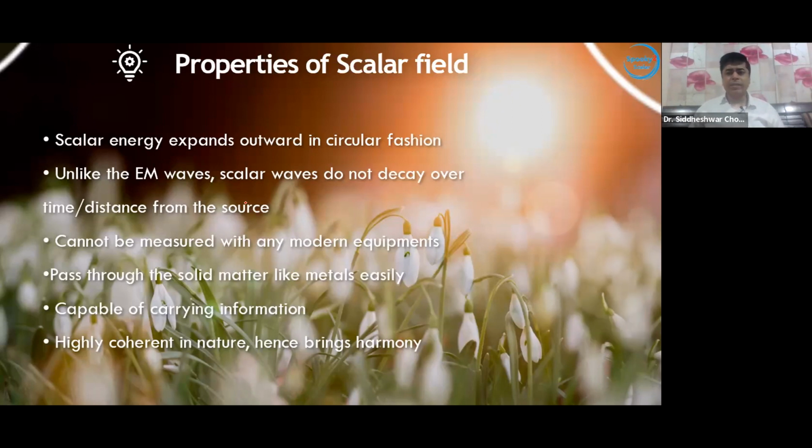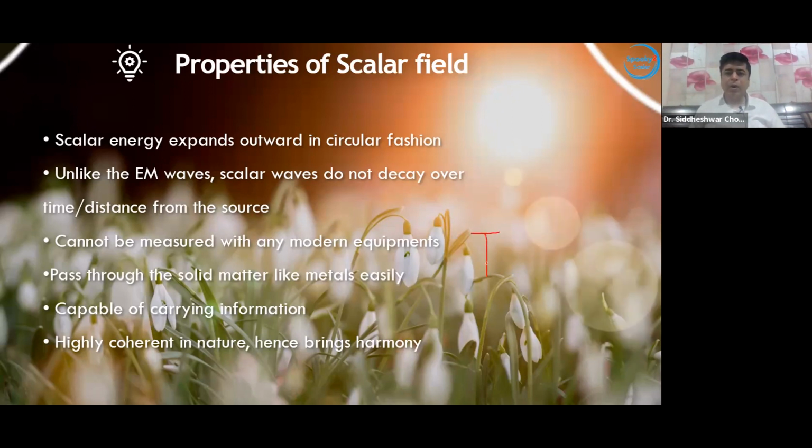Next important point is, some people try to measure the scalar field. Let me tell you, it's not possible to measure the scalar field with any modern equipment. People making the mistake of measuring with an EMF meter will just be measuring the normal electromagnetic field, and as we just discussed, that decays with distance. Let me also tell you the rule with which it decays.